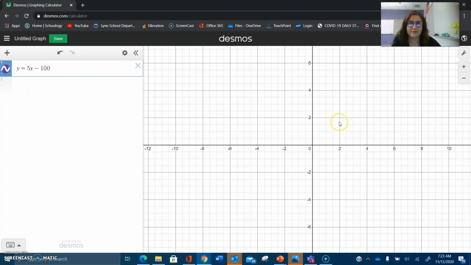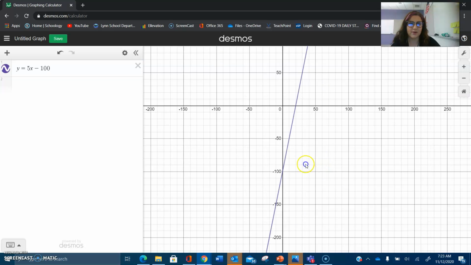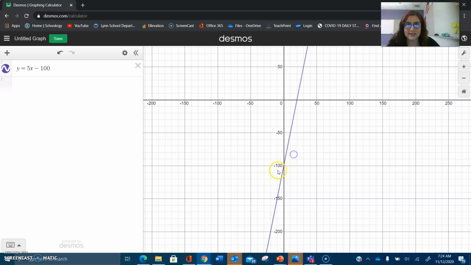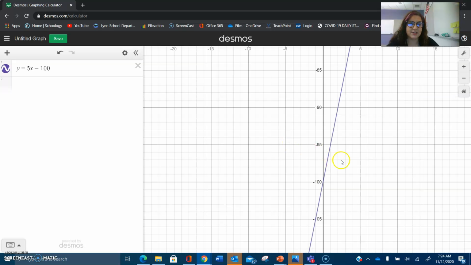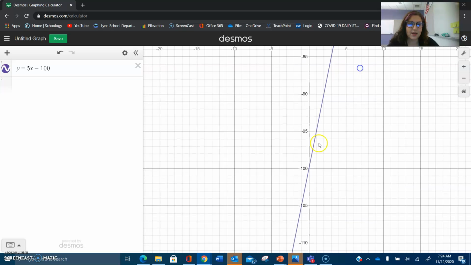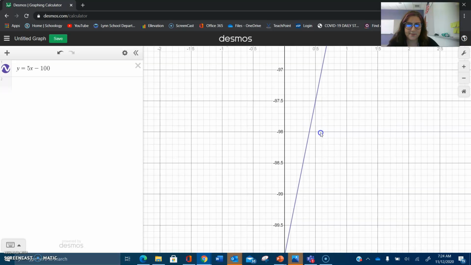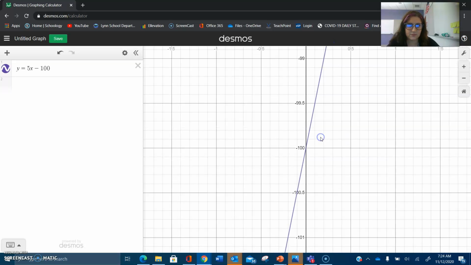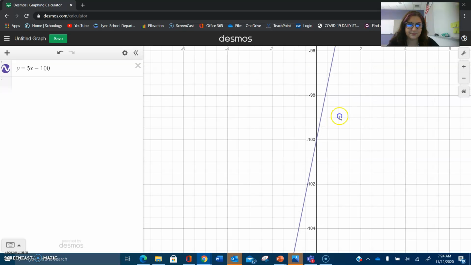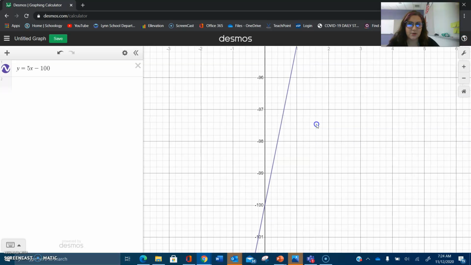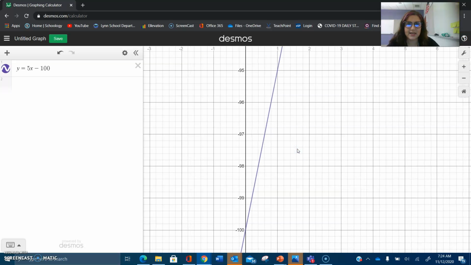Let's see what this graph looks like. Whoa, we gotta zoom out a lot. But you can see that my line passes the y-intercept at -100. So there's the y-intercept. And if I zoom in a little bit more, I should be able to notice that my slope is 5.